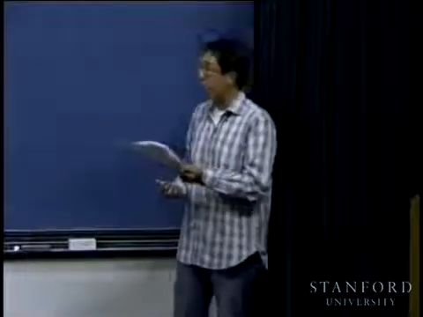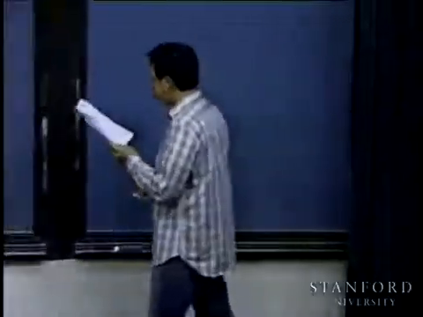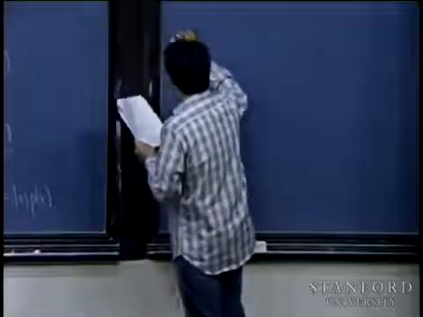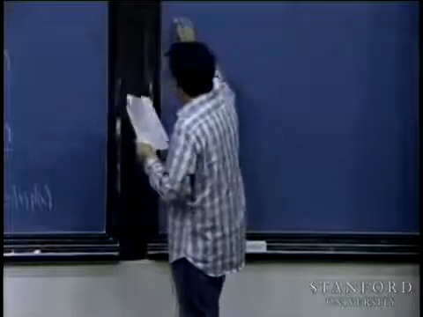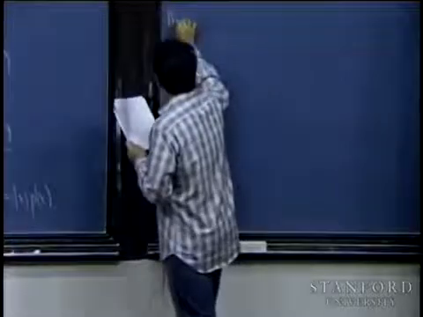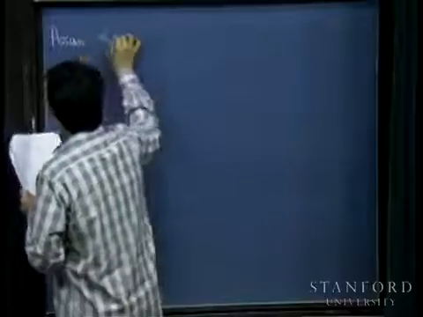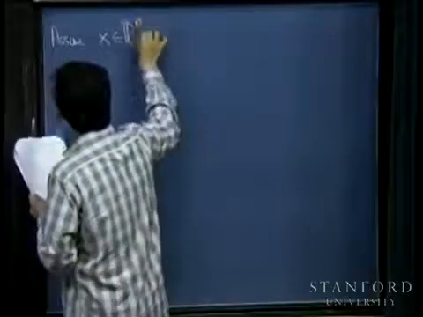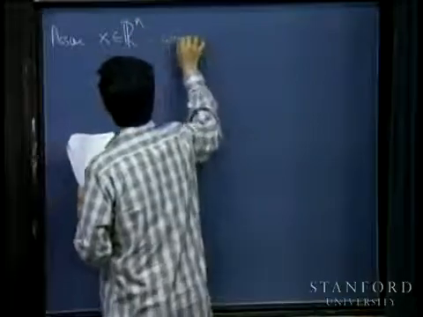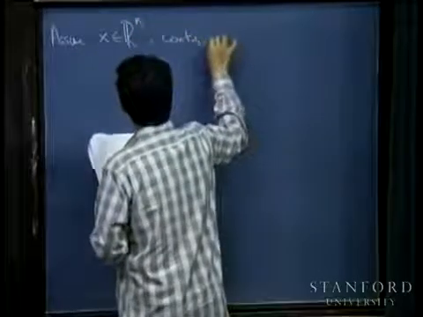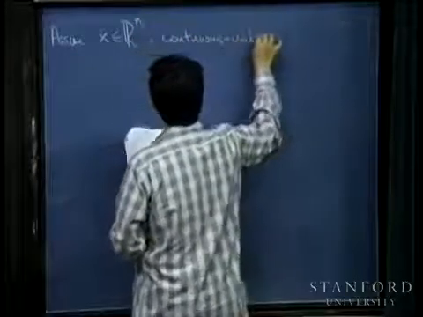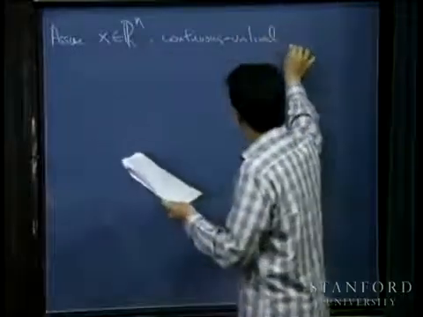Let's go for a specific example of a generative learning algorithm. For this specific motivating example, I'm going to assume that your input features x are in R^n and are continuous valued.